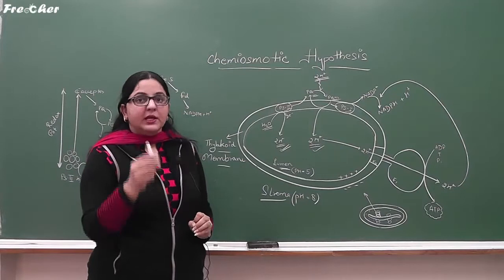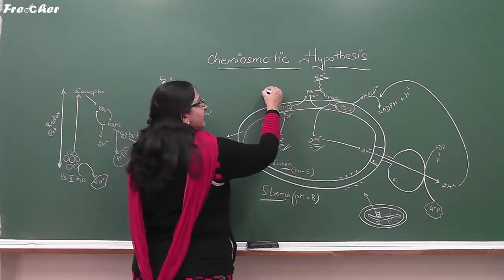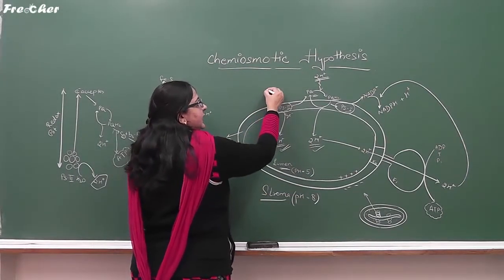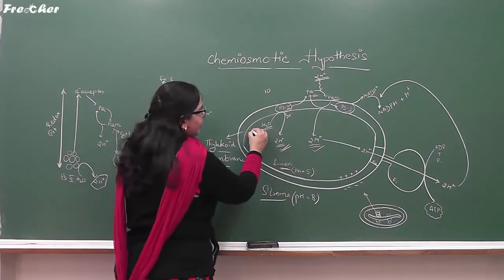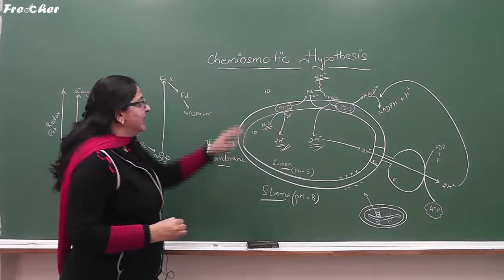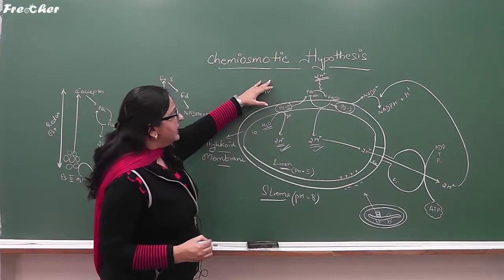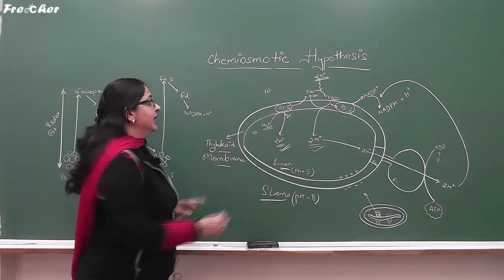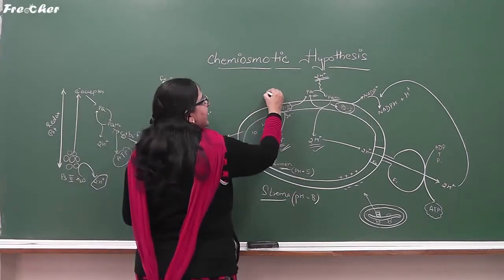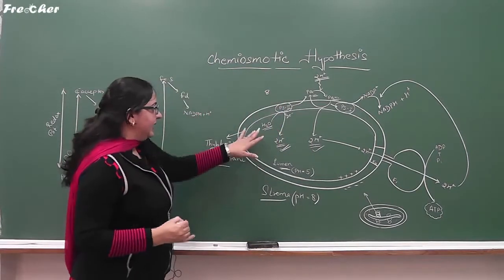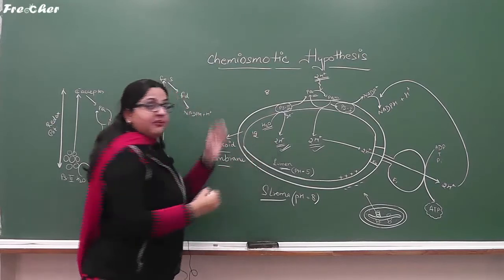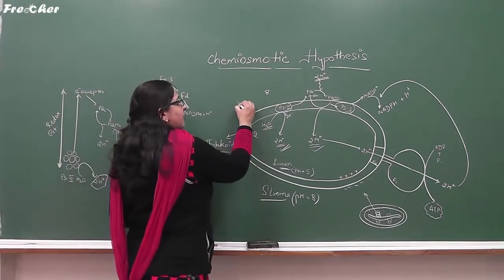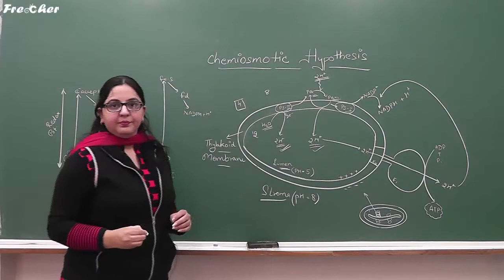Gradient means difference. Like if the protons are here in the amount of 10, and in the lumen also in the amount of 10, but if a few protons come from the stroma to the lumen, that means if 2 protons are coming, here the protons are 8 and here 12, and the difference between them would be 4, which is much greater.